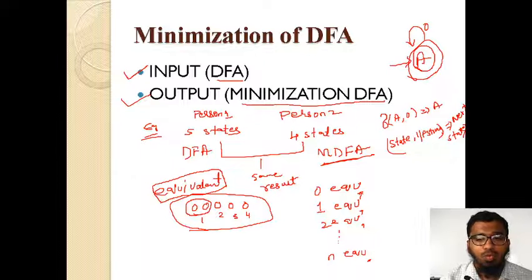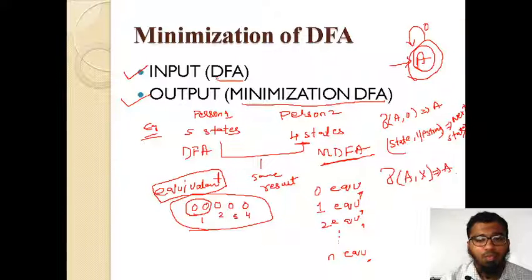If you want to check equivalence, we take the same thing: a comma x, where x is the input string, then we get the output. Remember why we are doing minimization: if we complete the DFA in a minimum number of states, it is good for us.